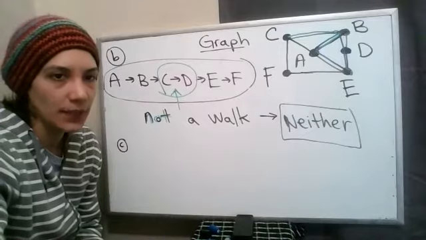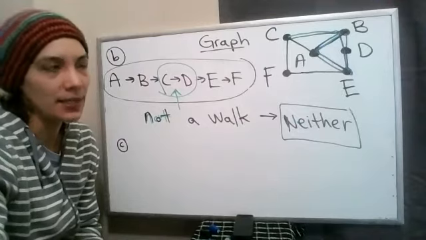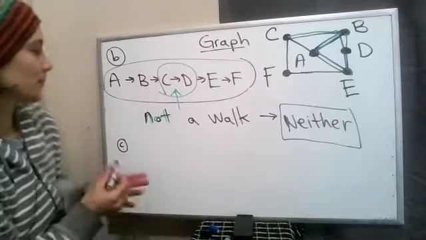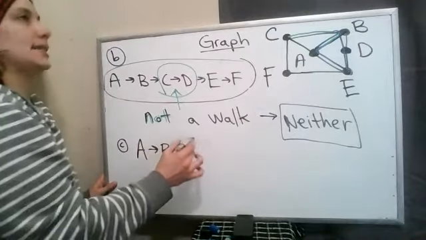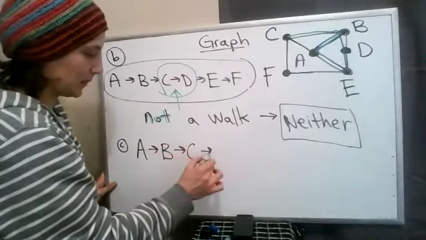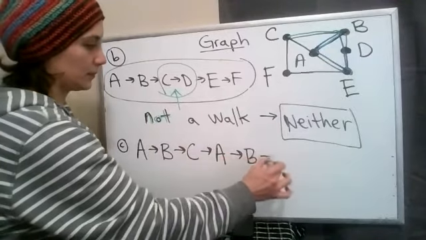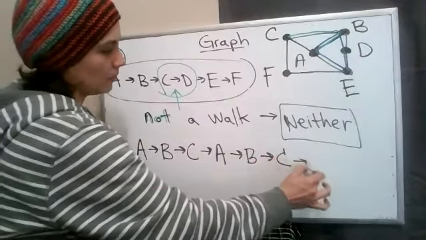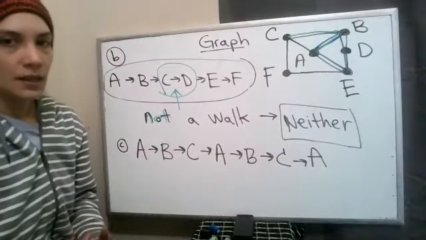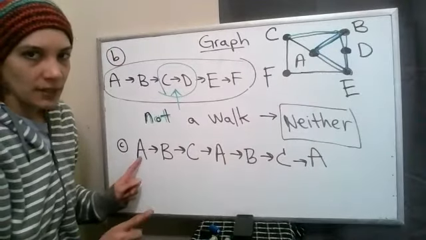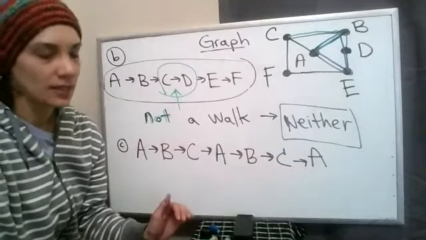And this is the last one. It goes A, B, C, A, B, C, A. So it might be a circuit. There's an A at the beginning and an A at the end, but I can't reuse edges.